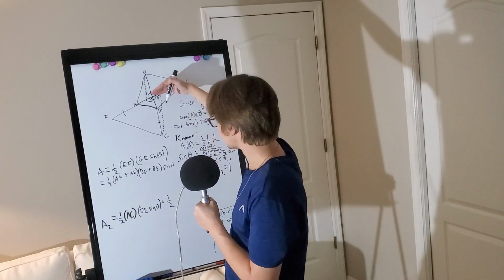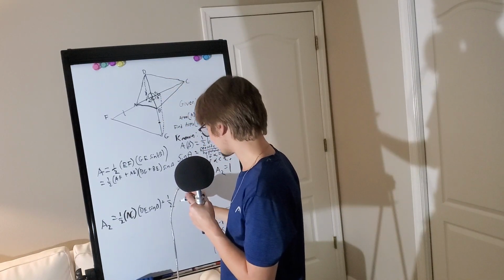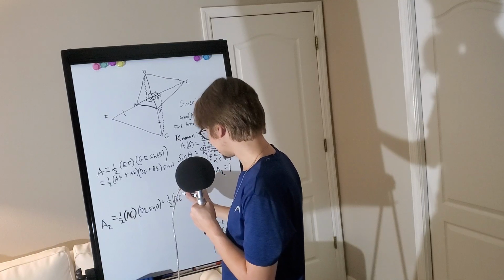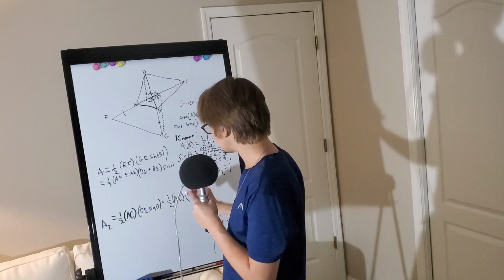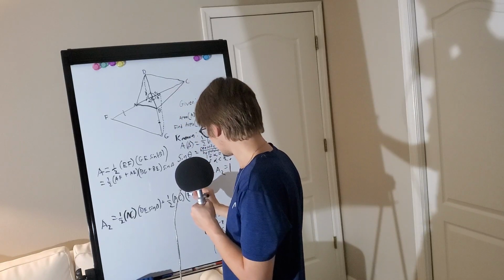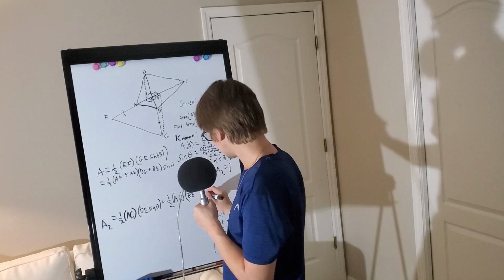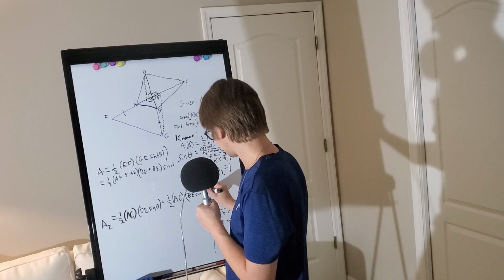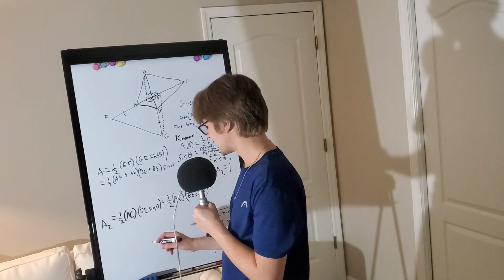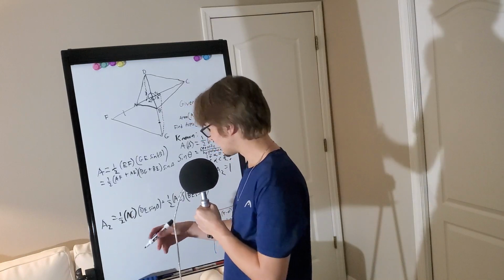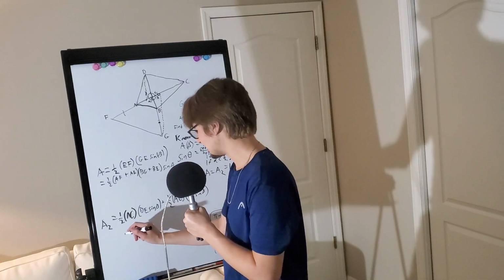And then we have the other half of the quadrilateral, the other triangle, 1/2 AC times BE times the sine of beta. Now right here, we're going to use the distributive property and expand the line segments at the same time.